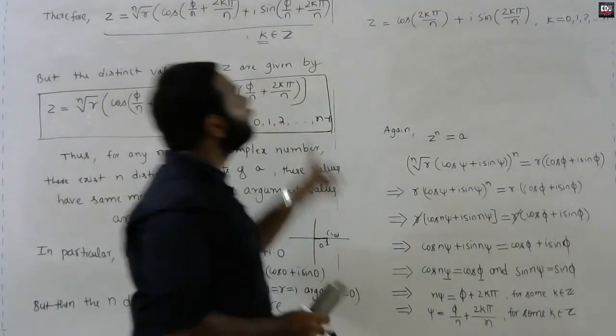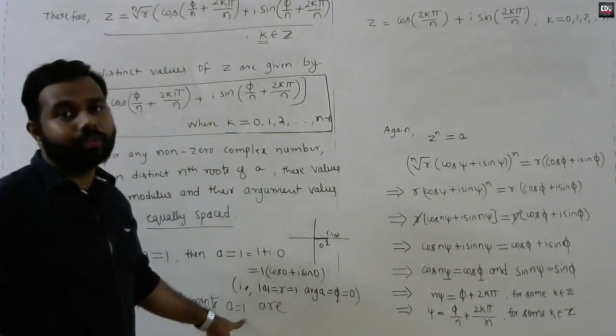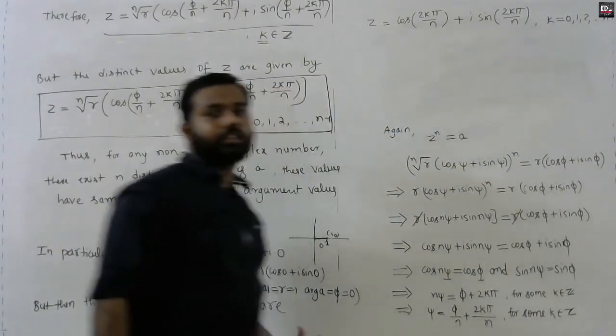So these are the n distinct nth roots of 1, and 1 is called unity. Thus these are the n distinct nth roots of unity.